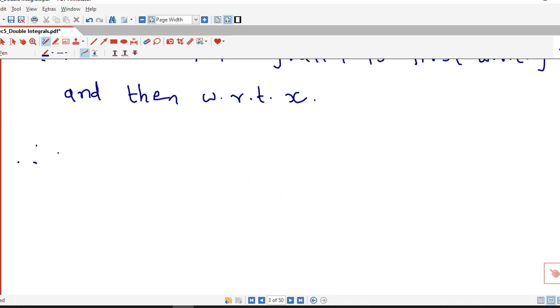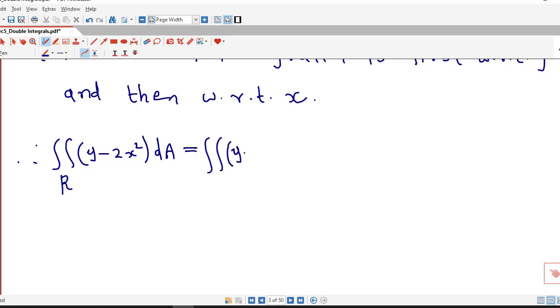So therefore the double integral of the given function y minus 2x square is equal to the double integral of this function over R1 plus the double integral of this function over R2.